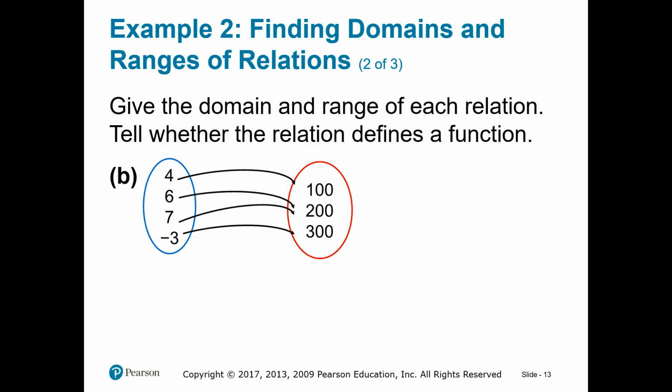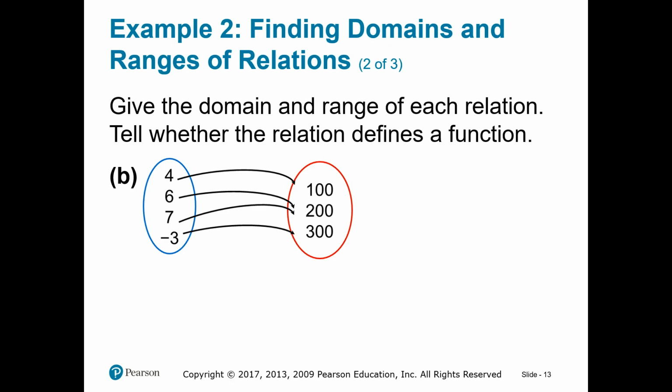What do you think? Is this a function? What is the domain? 4, 6, 7, 8. Yes, the domain is 4, 6, 7, 8. And what will be the range? 100, 200, 300. Yes.